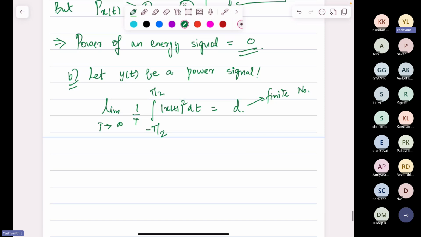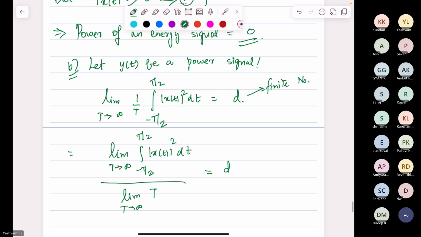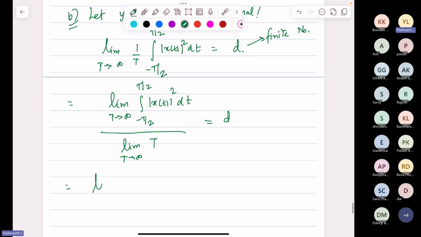Now you can write this as the limit as t tends to infinity of the integral from minus t by 2 to plus t by 2 of mod x of t square dt, divided by the limit as t tends to infinity of capital T, equal to d.